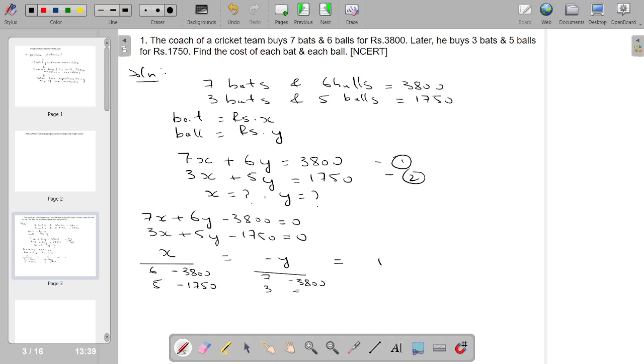Minus 3900, minus 1750, 1 divided by 7, 3 coefficients of x, 6 and 5 the coefficients of y. Okay, now we got this.